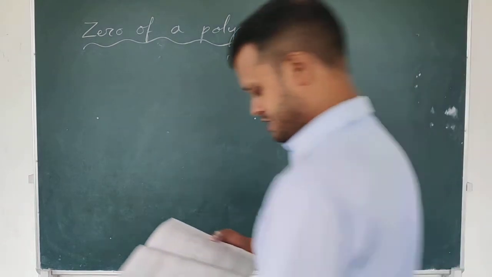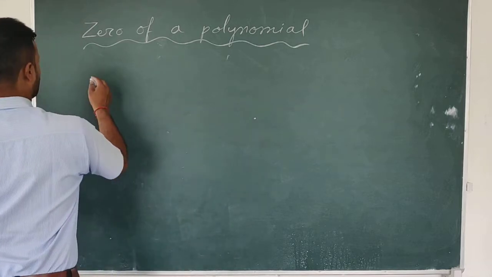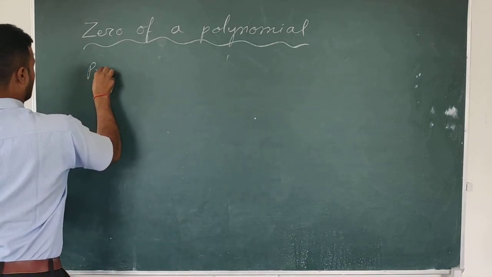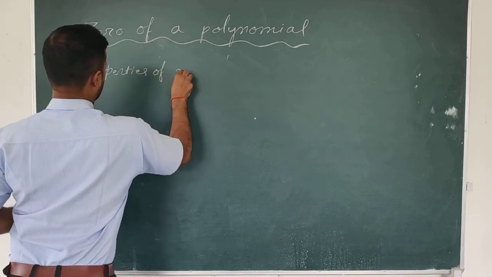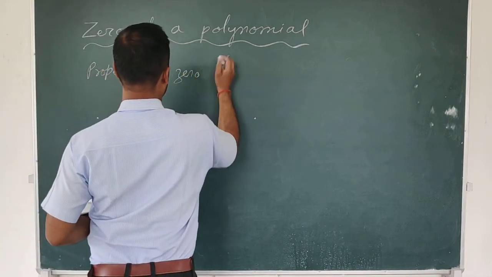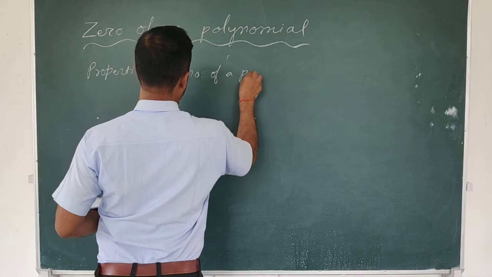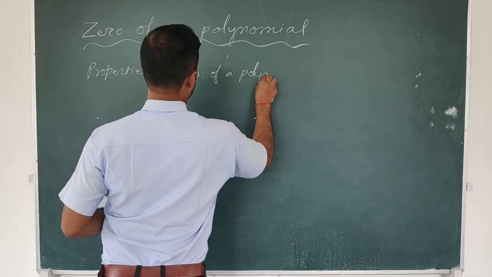So now let us discuss some important properties of the zero of a polynomial.